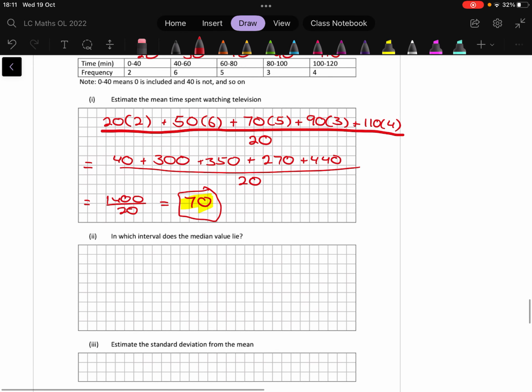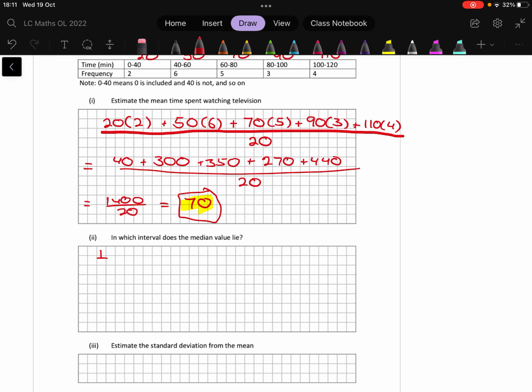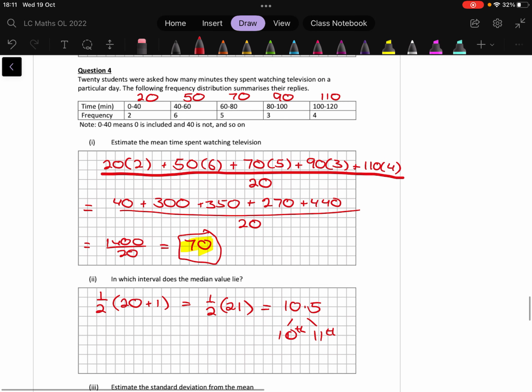In what interval does the median value lie? So we work out what the middle value is. That's 20 plus 1, so a half of 21. Okay, and a half of 21 is going to be 10.5, which signals to us we're thinking 10th and 11th value. So we go through our frequencies.